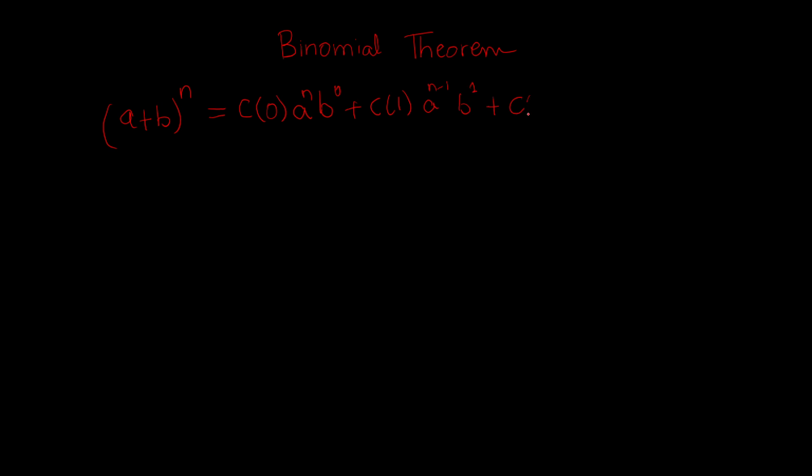The next term would be similar, and so on and so forth, until you reach the last term, which is a to the power of 0, because it's n minus n, times C of n, b to the power of n. Now, what are the values for C of 0, C of 1, up to C of n?